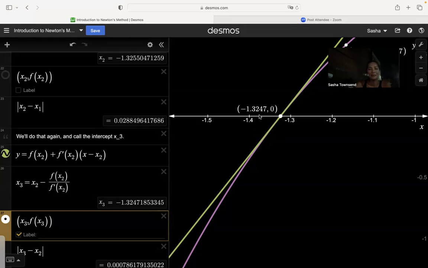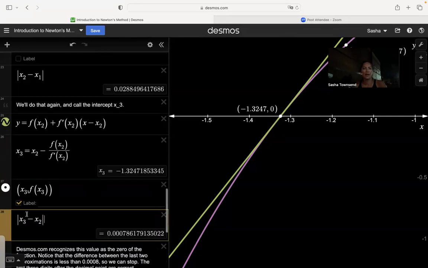And that is pretty good. It's negative 1.3247. And the y value is considered to be 0. So now Desmos is saying that's close enough to 0 for us. That is the 0 of the function. And if we look at the difference between x3 and x2, we have 0.000786.